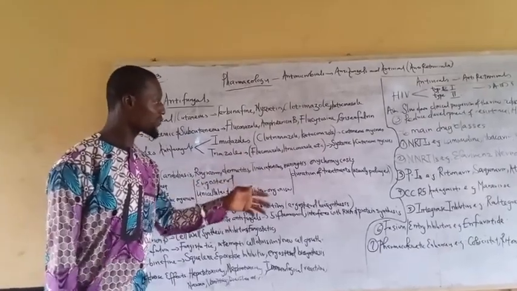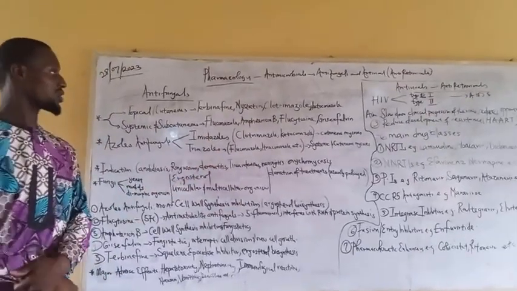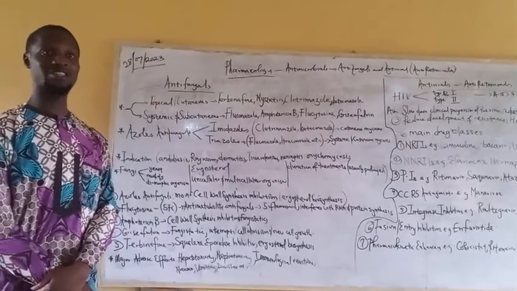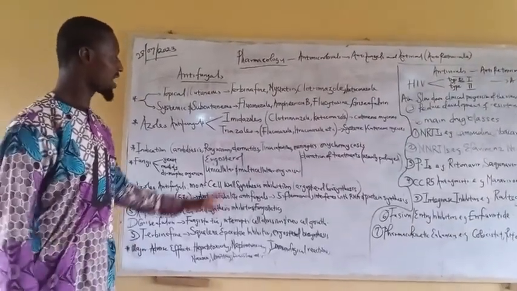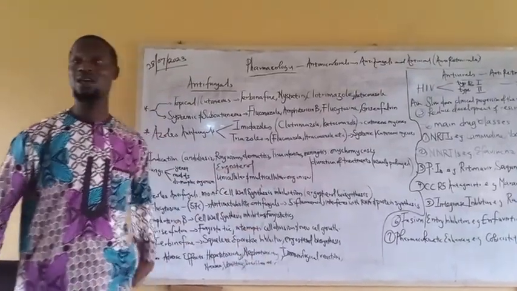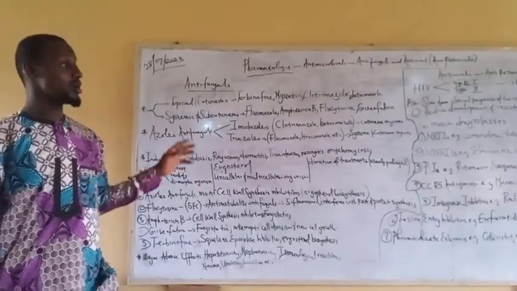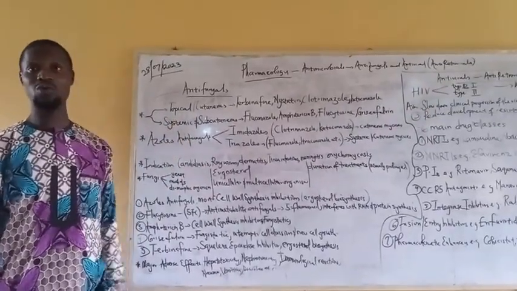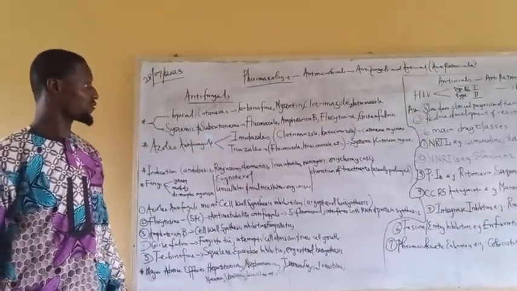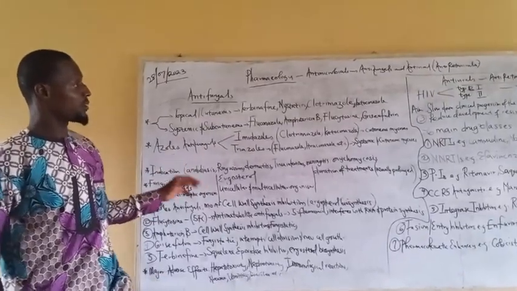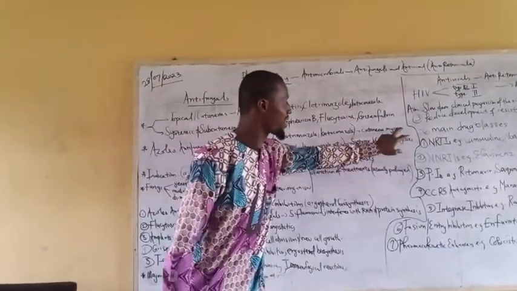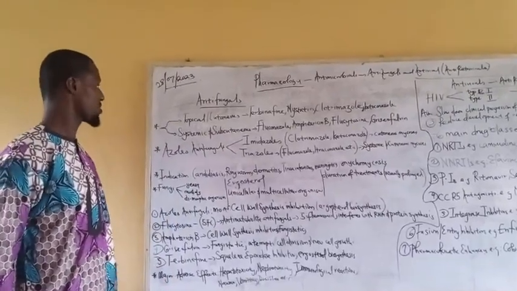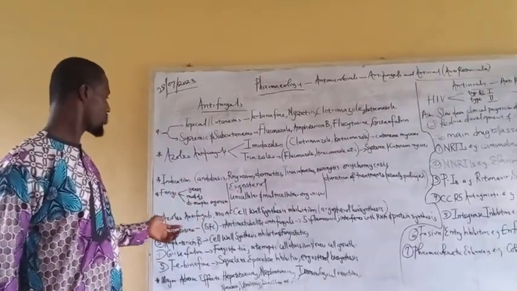Examples of imidazoles are clotrimazole and ketoconazole, which are used specifically for cutaneous mycosis, whereas the triazoles can be used for systemic infections, subcutaneous infections, and topical fungal infections. It is important to remind us that mycosis means fungal infections.